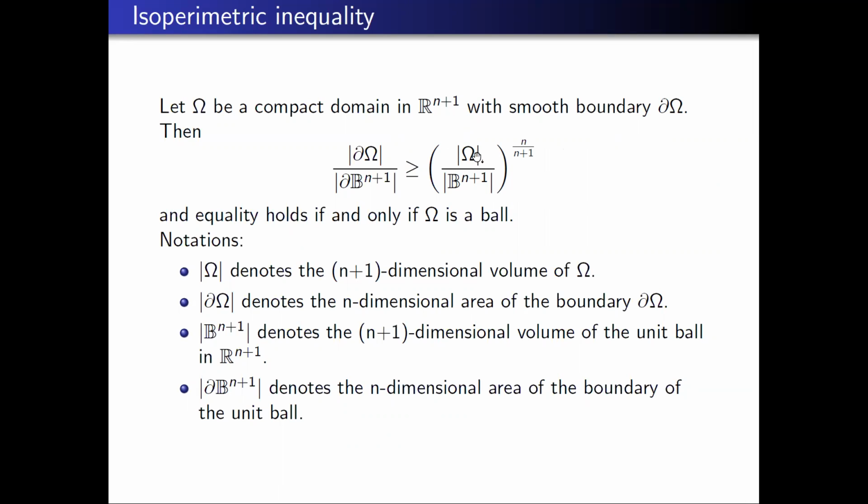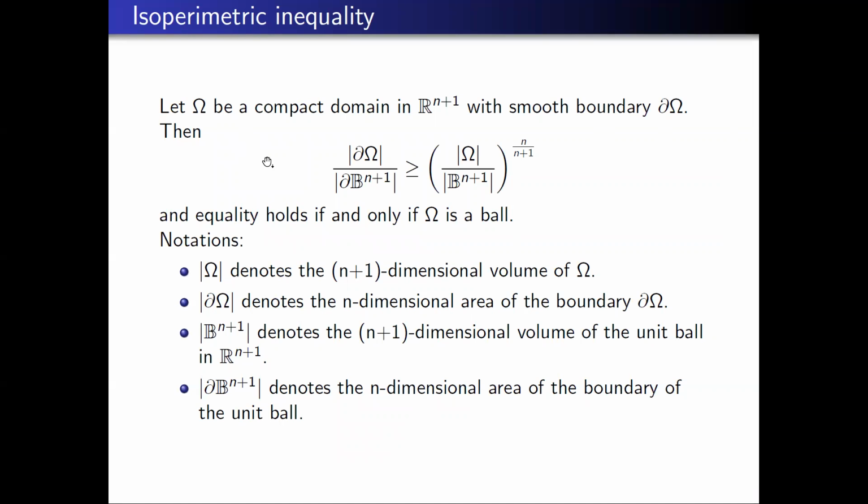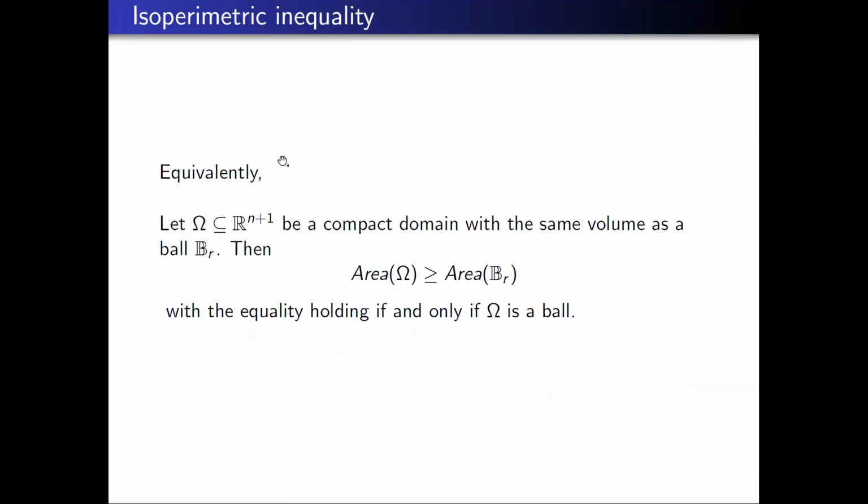Here, the norm of omega means the volume of omega, and the volume of boundary omega means the area of boundary omega. And this theorem is equivalent to this theorem: let omega in Euclidean space be a compact domain with the same volume as a ball, then the ball is area minimizing.